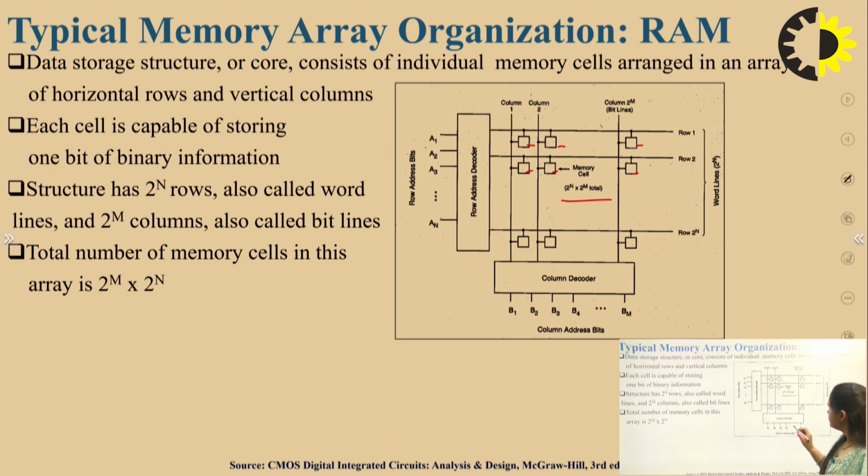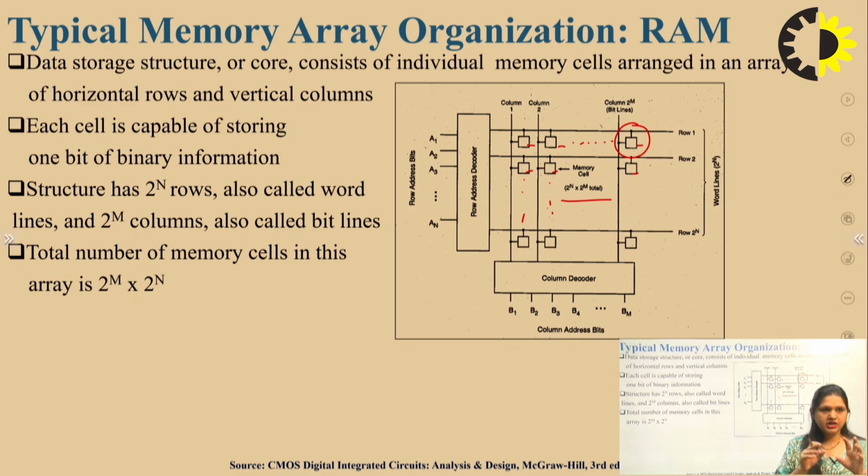And to fetch any memory location, this array can be represented like this. There are m columns and n rows, so there are 2 to power n multiplied by 2 to power m locations, addresses. If I want to fetch an address, like I want to write something in that particular address, I need some circuitry by which I can select that memory location.